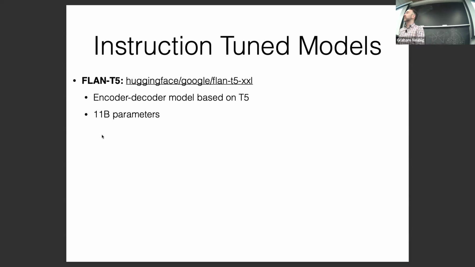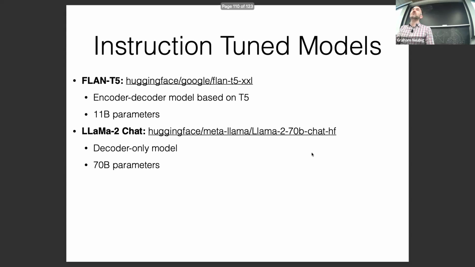And it's an encoder-decoder model based on T5 that was trained on lots of data. My impression is that this is a model that's consistently good at anything that's a simple input-output style task, not a chat task. So if you just have input-output, you want to do summarization or other things like that, that's a good model to use.